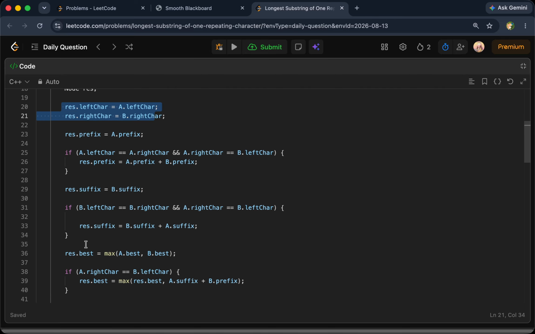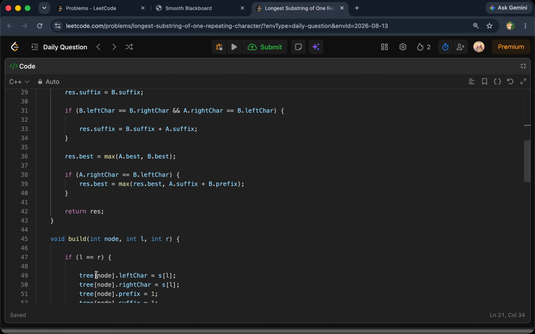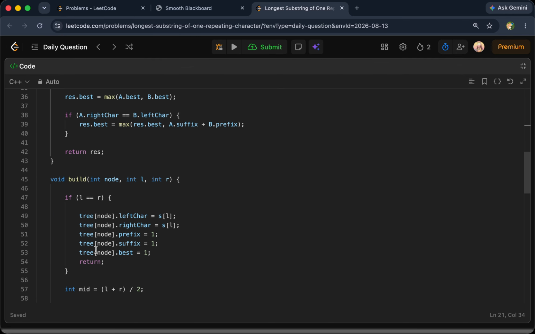Start prefix. Mistake. Left we store left.